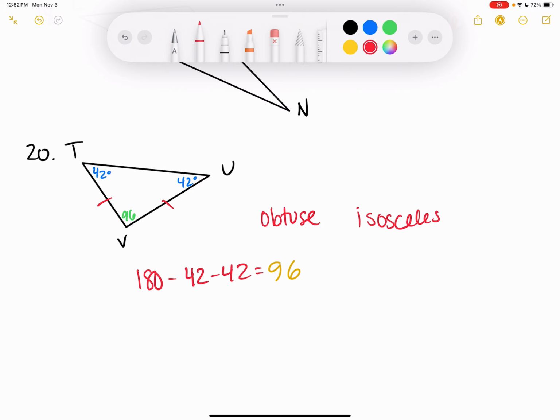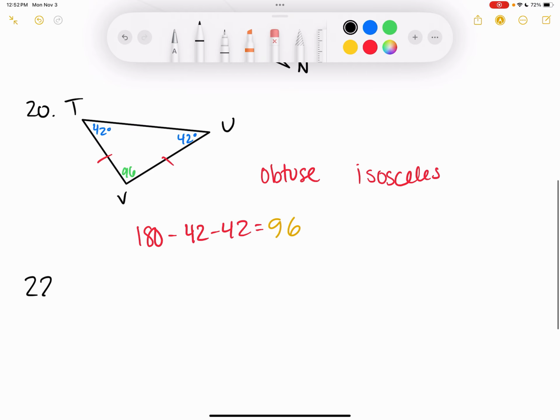All right, the next problems are always, sometimes, or never. So there's going to be a blank and you're filling it in with the word always, sometimes, or never. So 22. An isosceles triangle is blank an equilateral triangle. You do need to write the statement out, but if you want to use abbreviations, like a little triangle instead of writing the word triangle, that's fine.